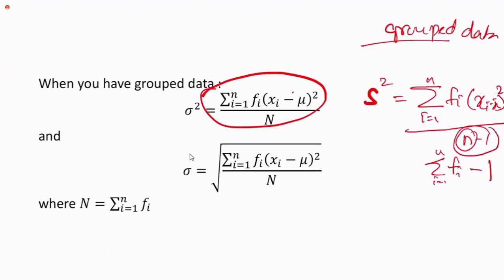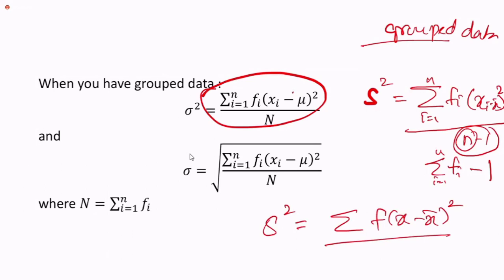So n minus 1 is replaced by sigma f minus 1. Okay, so this is the equation for group data: sigma f times x minus x bar squared divided by sigma f minus 1.